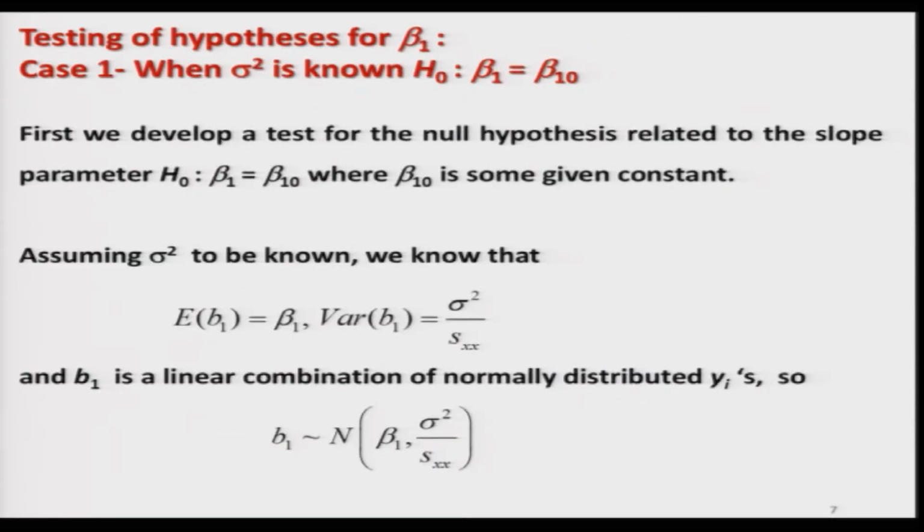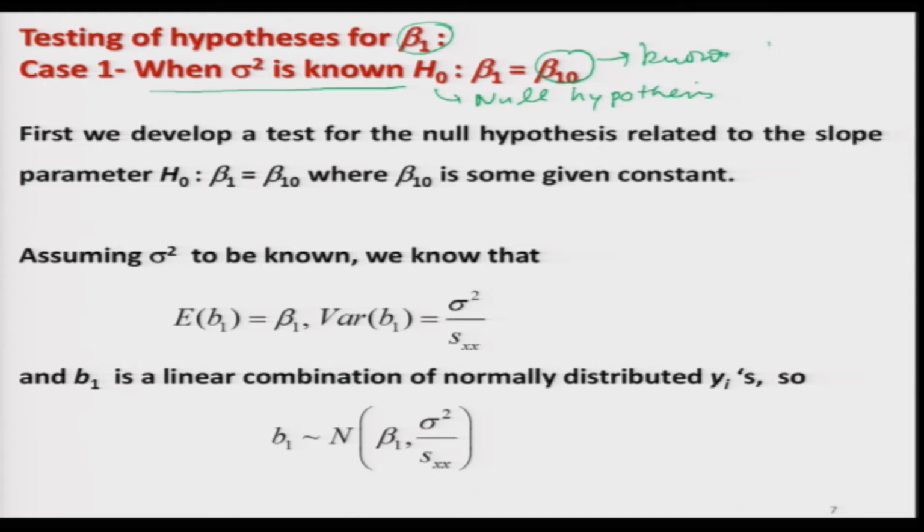Okay, so now let me first consider the construction of the test of hypothesis for the slope parameter beta 1, and the first case I take is when sigma square is known. Our H naught, which is the null hypothesis, is beta 1 is equal to beta 1 naught. So, beta 1 naught is some known value.